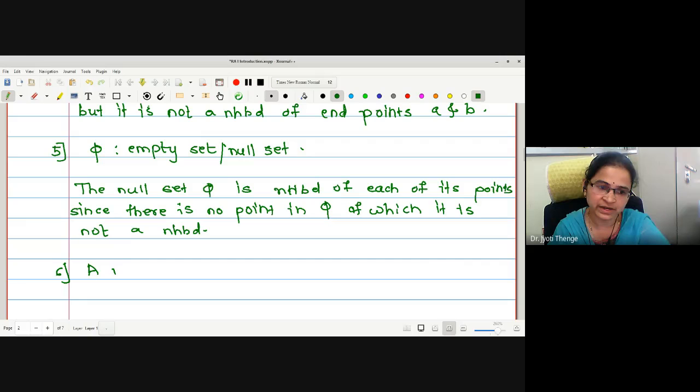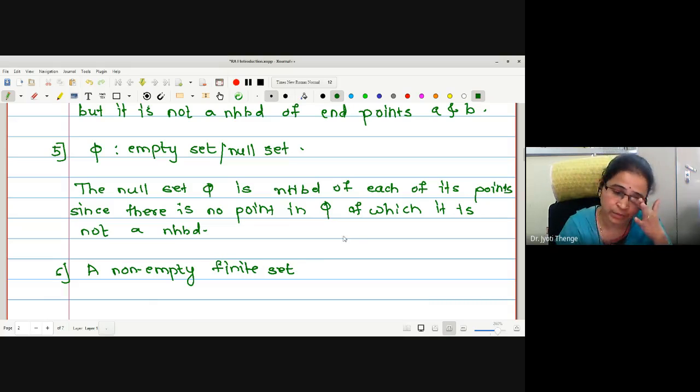A non-empty finite set. Whether it will be a neighborhood? Will a finite set be a neighborhood? Yes, students. A non-empty finite set, whether it will be a neighborhood?